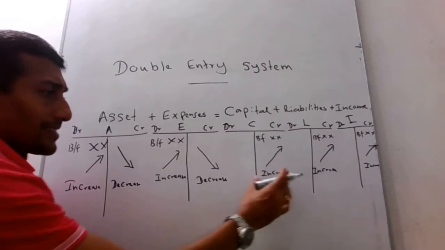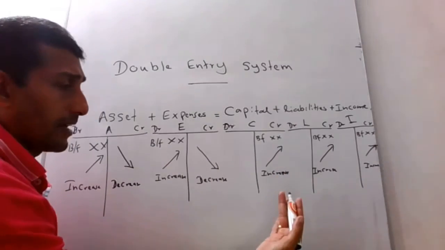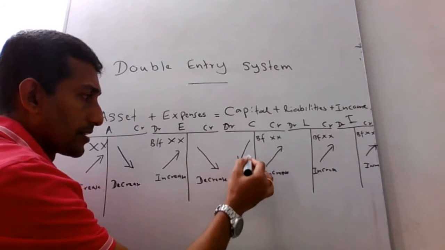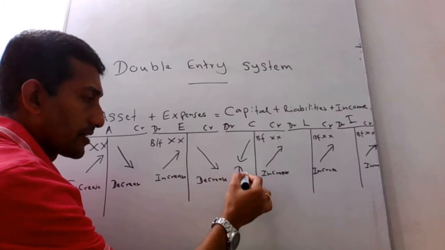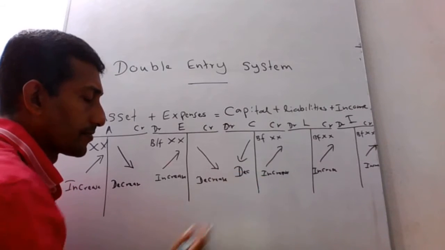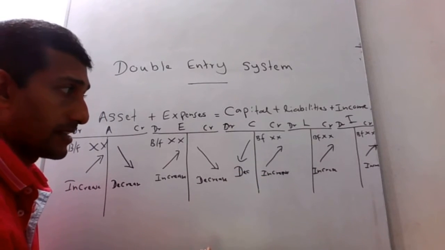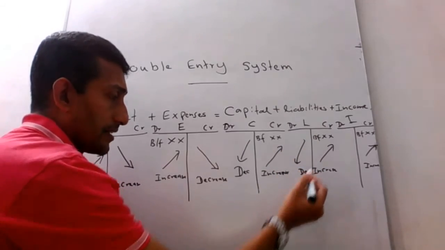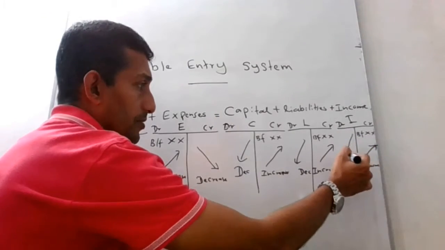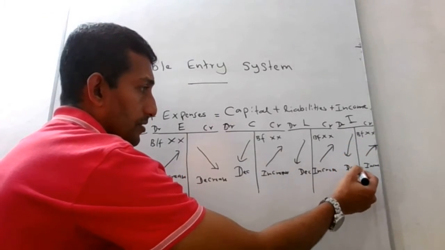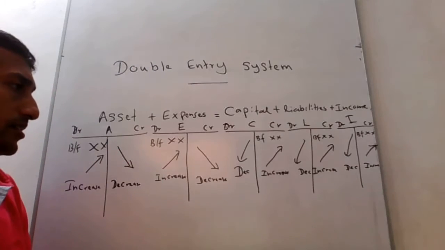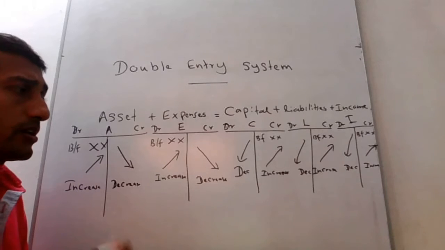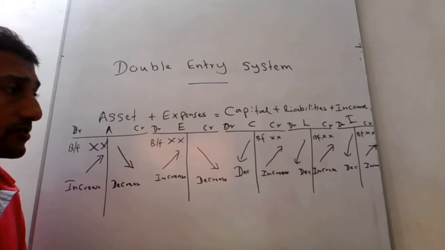Since to increase a capital I credit, now if I want to reduce the capital, I need to debit. Decrease. And same if I want to reduce a liability, I debit. And if I want to reduce an income, I need to debit. So these are the fundamental rules in accounting that we must know before we enter any transaction into the ledger.